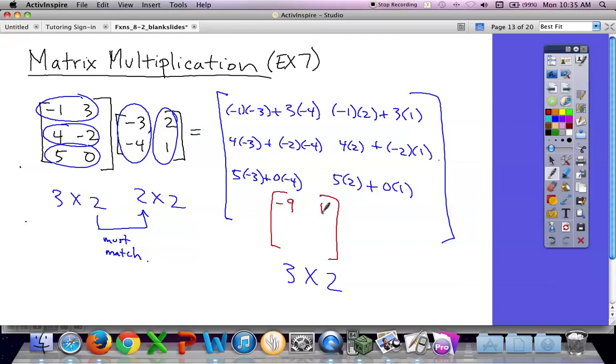Okay, 4 times -3 plus -2 times -4, -12 plus 8, negative 4. 4 times 2 is 8, minus 2 is 6. 5 times negative 3 plus 0 is negative 15. And 10 plus 0 is 10. We stopped that before.